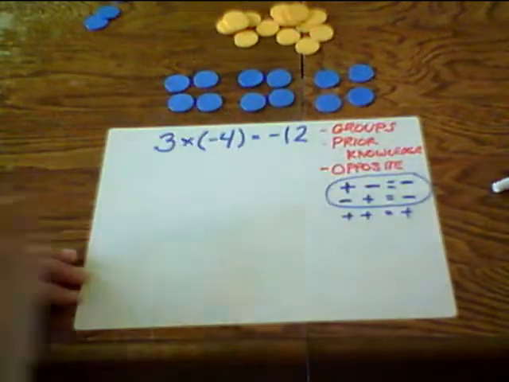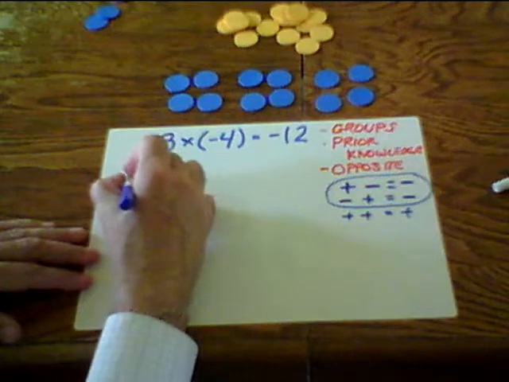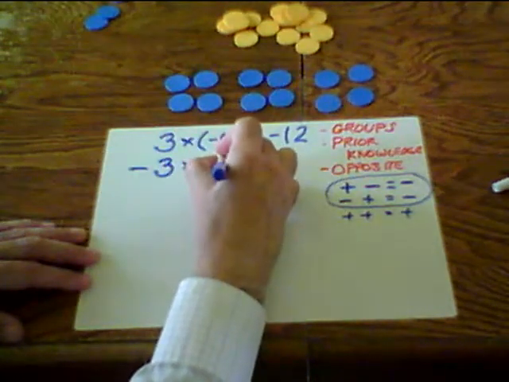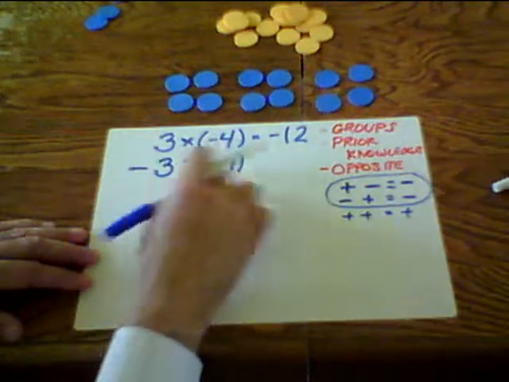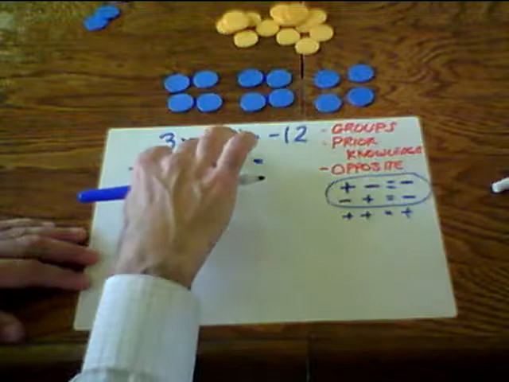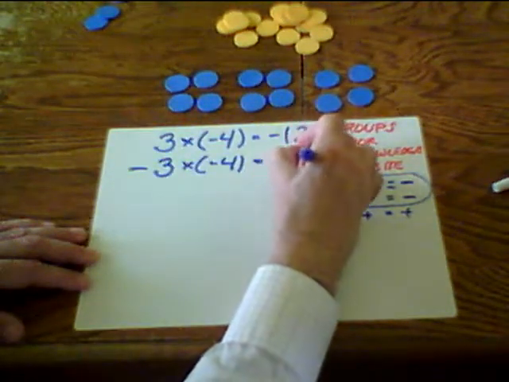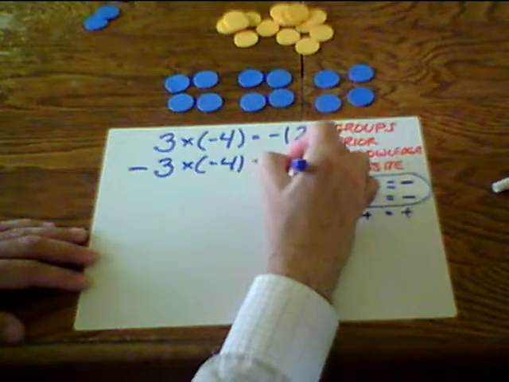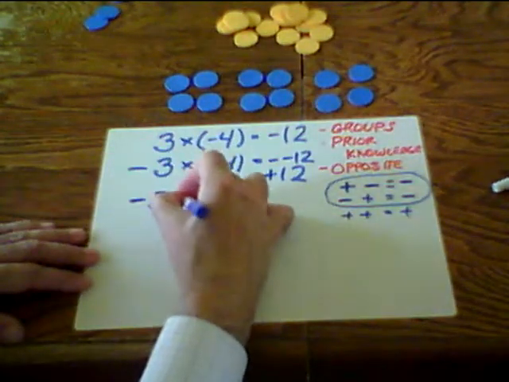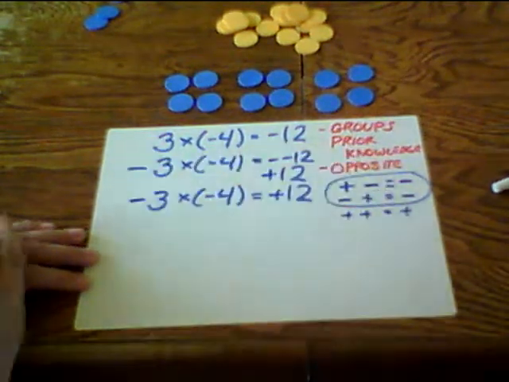Well, this is one of their rules here. So if I want the opposite of 3 times -4, or in this case, -3 times -4, what should the answer be? Well, if this is -12, the opposite of this should be the opposite of -12, which is +12. Okay, so -3 times -4 equals +12.